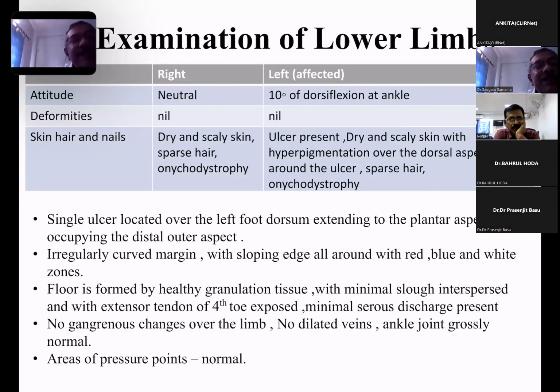Why do patients have neuropathy? I know I am asking questions, but we are short of time. We'll have to cover a very large topic. So why do patients have neuropathy in diabetes? Any ideas? Essentially, we do not know exactly, but there are certain postulates. One of them would be that the vessels supplying the nerves are affected, and thereby there is neuropathy.